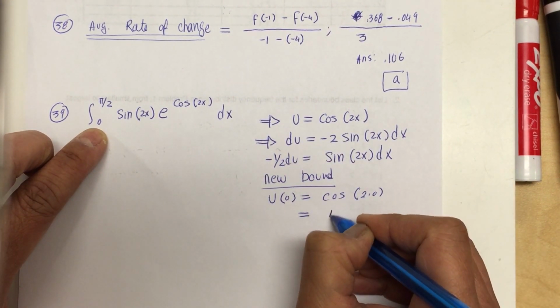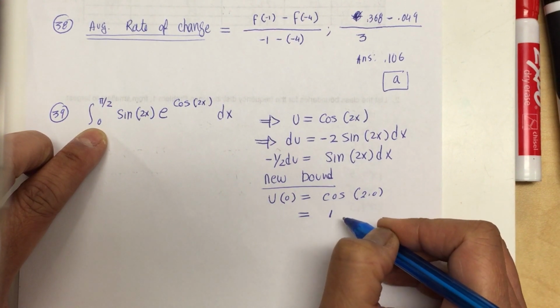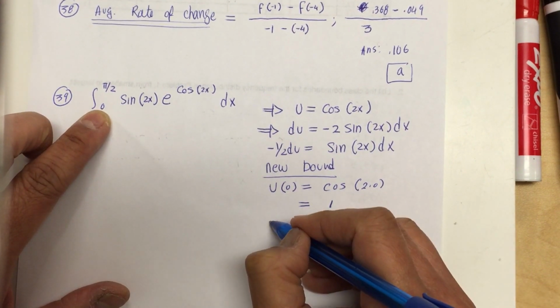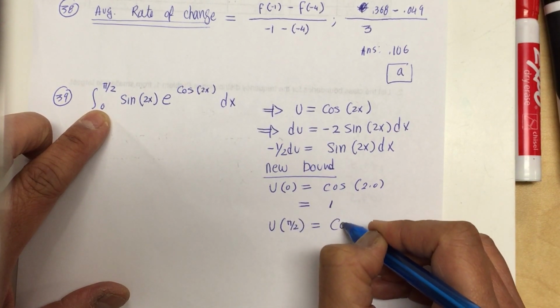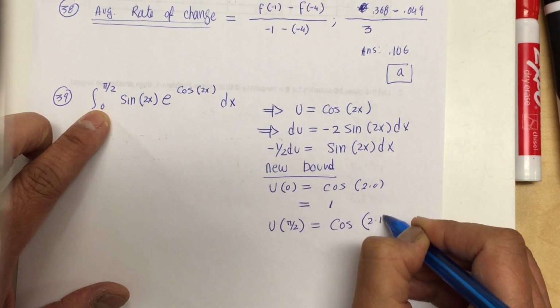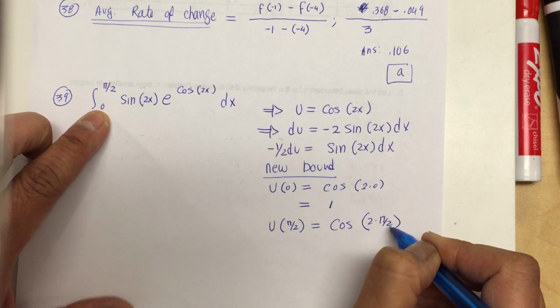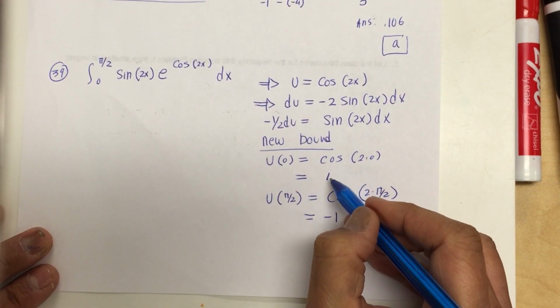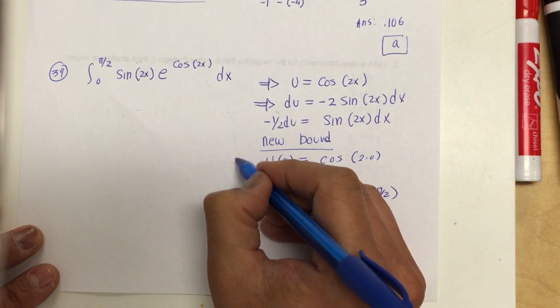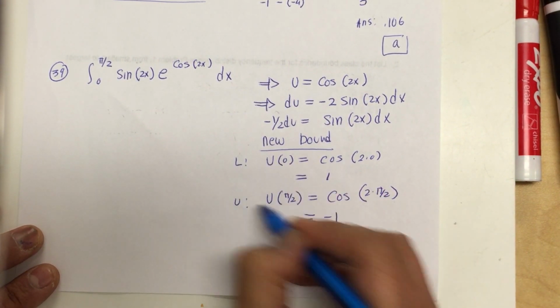Cosine of 0 is 1, because 2 times 0 is 0, and cosine 0 is 1. We also need to find the new bound at pi over 2. So you have cosine of 2 times pi over 2. That reduces to cosine of pi, and cosine of pi is -1. So you go from your new bound, this is the lower bound, and this is the upper bound, okay?